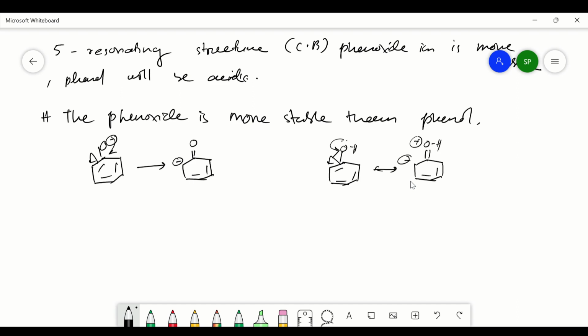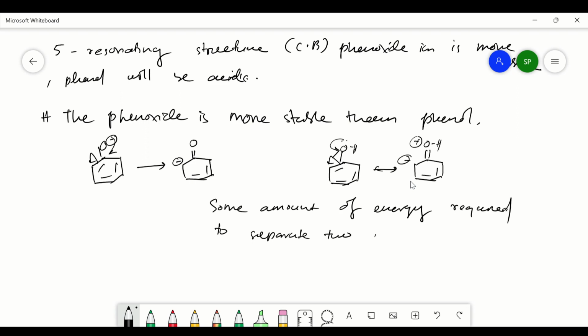So there will be some amount of energy required to separate the two charges, as they are opposite charges. So some energy is required for the separation of these charges.